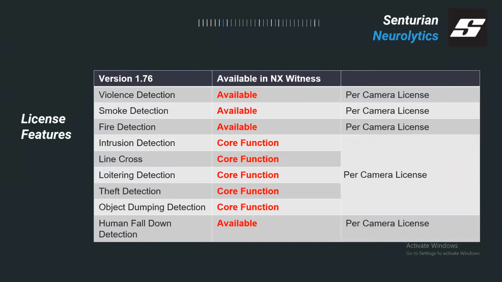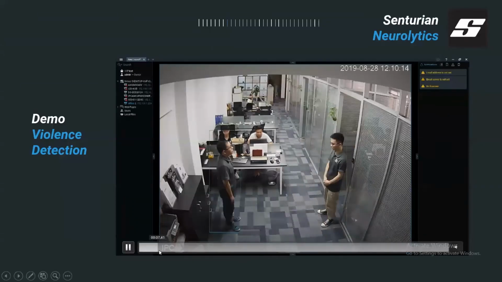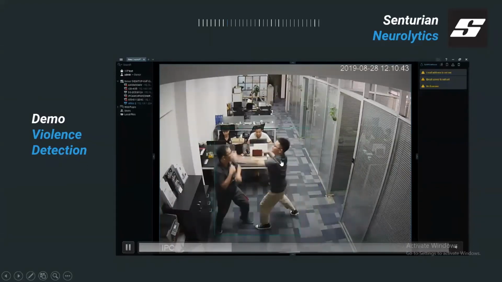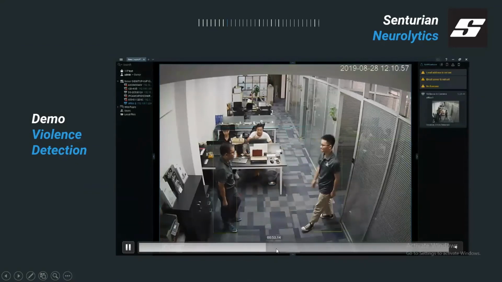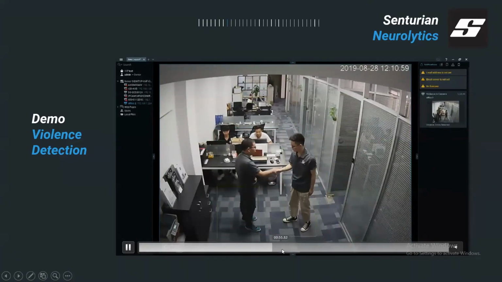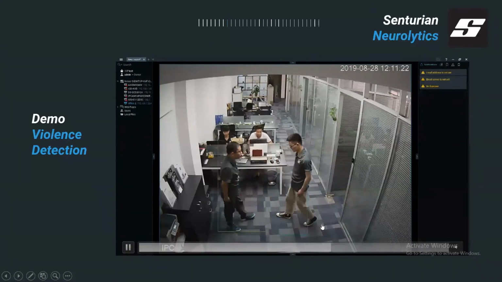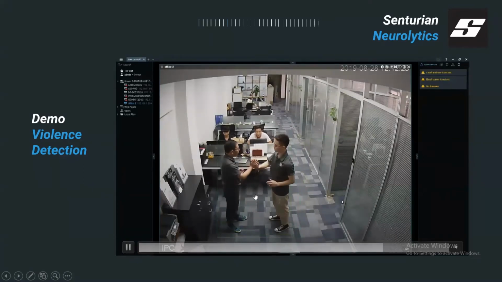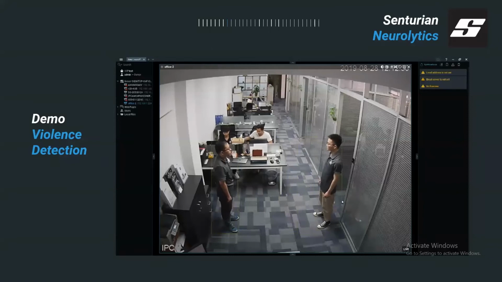Okay, so all right, violence detection. 2 human beings detected, come together, form a group, fight, alarm will go off. Okay, we have analyzed a lot of different scenarios. So if you actually pat him on the shoulder, or even you play games like that, it will not trigger the alarm. It really has to be a fight. Okay, so in our new algorithm, we have determined 22 fight positions.